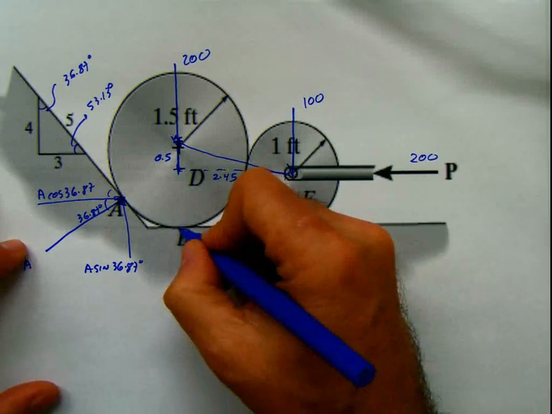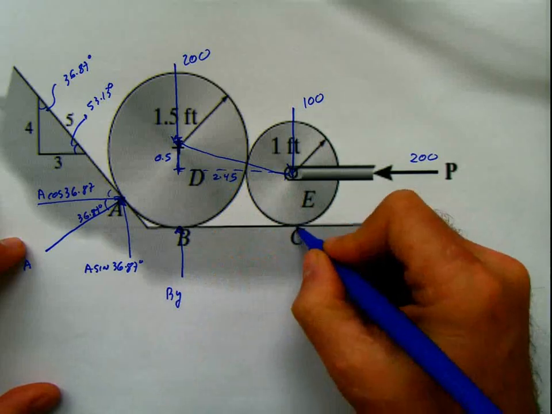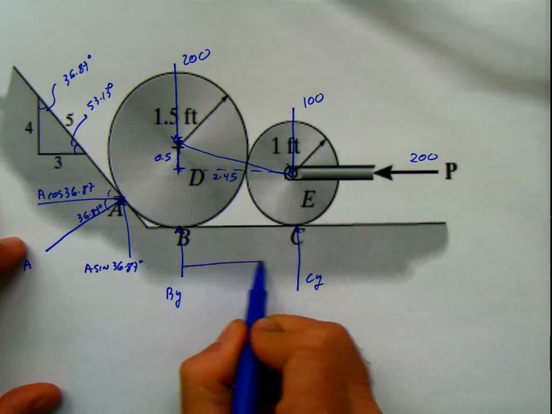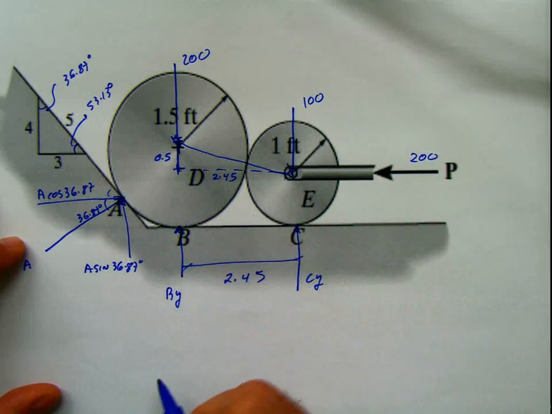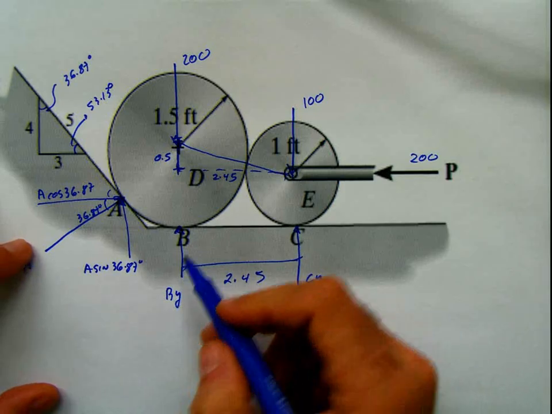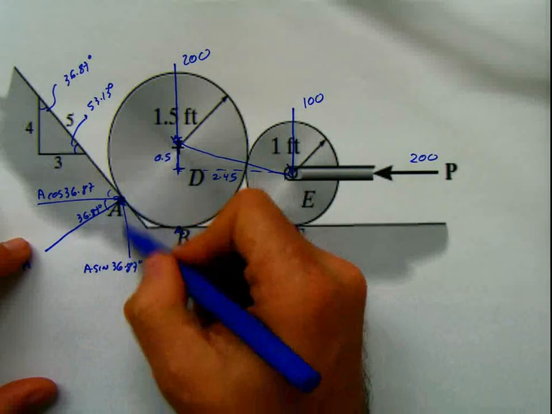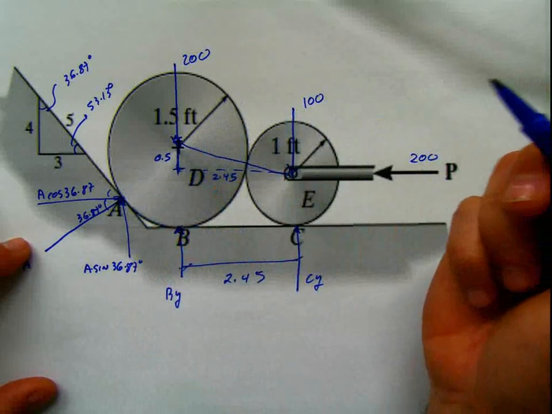We have BY, and we have CY, and we have this distance, which is 2.45, but we don't have the horizontal distance between this point A and point B, and we're going to need that. But we can calculate it. We can?